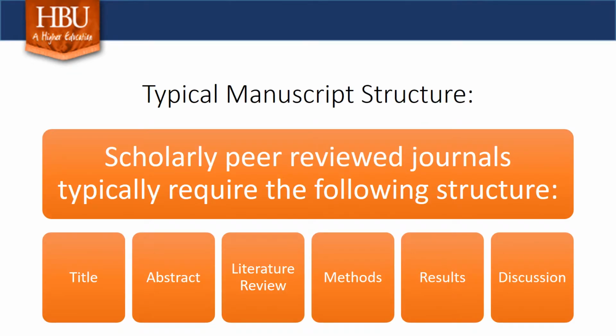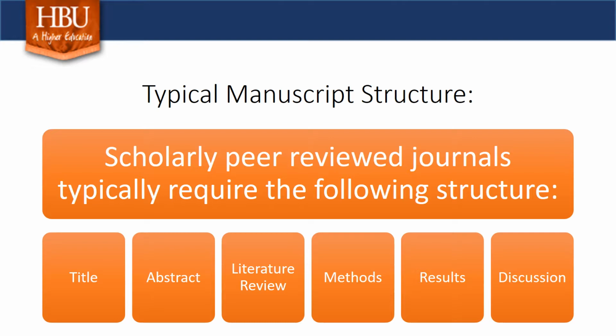I want to spend some time talking about what a typical manuscript structure looks like. As I've mentioned previously, it will be dependent heavily upon the specifics of each journal. However, scholarly peer-reviewed journals typically follow the following structure. Title, obviously self-explanatory, the abstract, lit review, methods, results, and discussion.